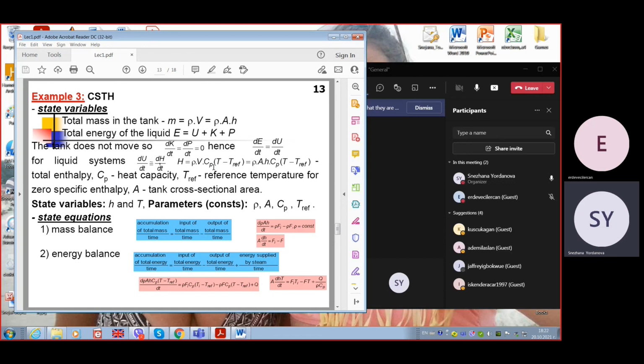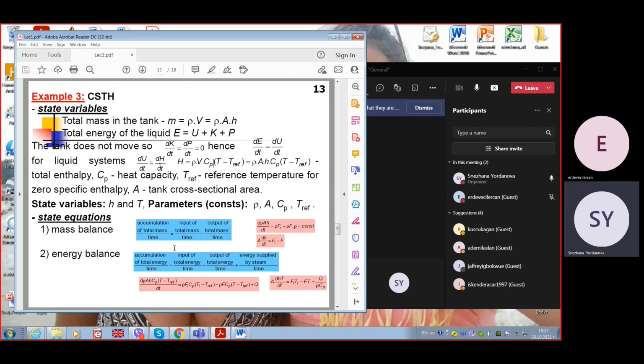It's measured through temperature of liquid. So this is density, volume, heat capacity of the fluid, and the reference temperature known. This is the temperature for which the specific enthalpy is equal to 0.